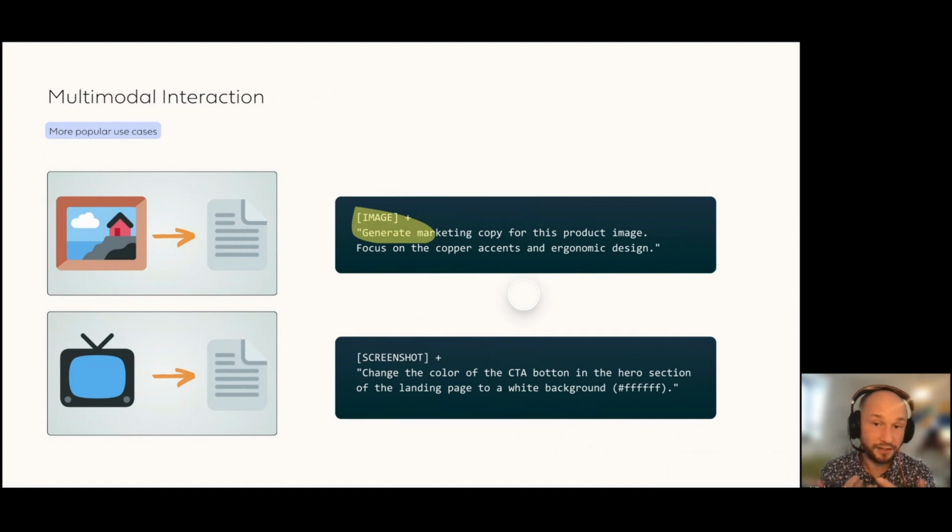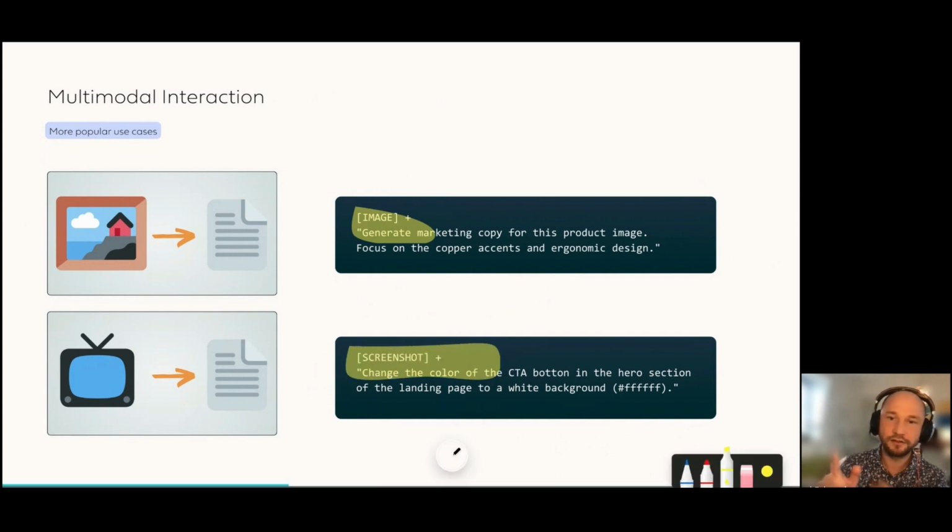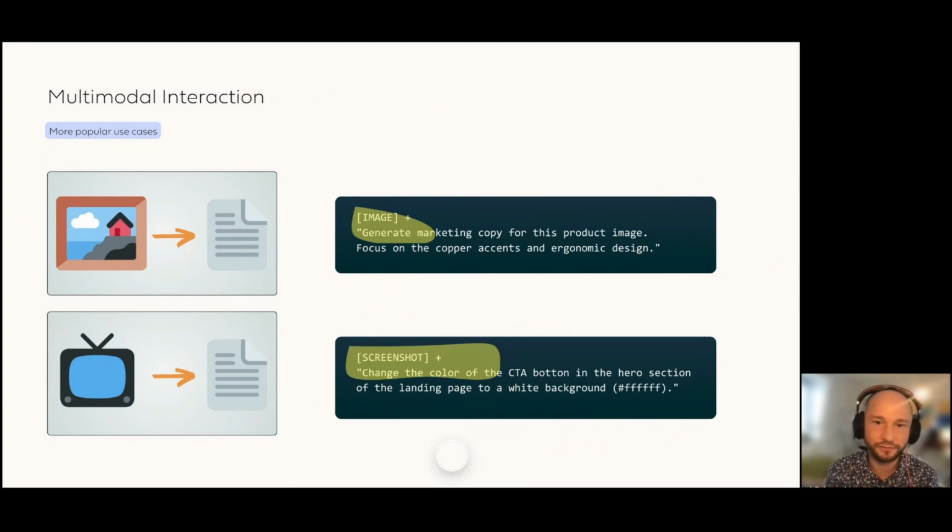One thing that I myself really like to do, and I will show that later on with a little more detail as well, you provide a screenshot and say, hey, change the color of this call to action button in the hero section of the landing page to a white background, because maybe at the moment it has a blue background, but you want it to be white, and then it changes the underlying code.